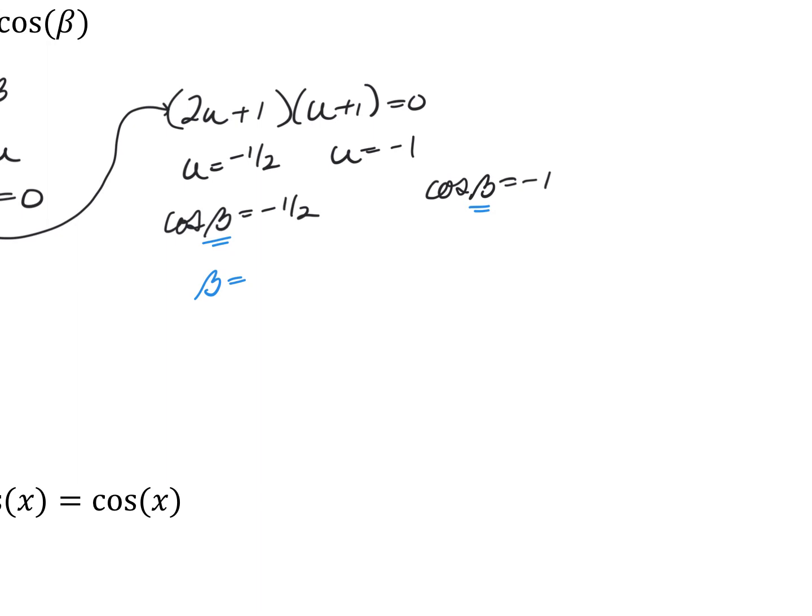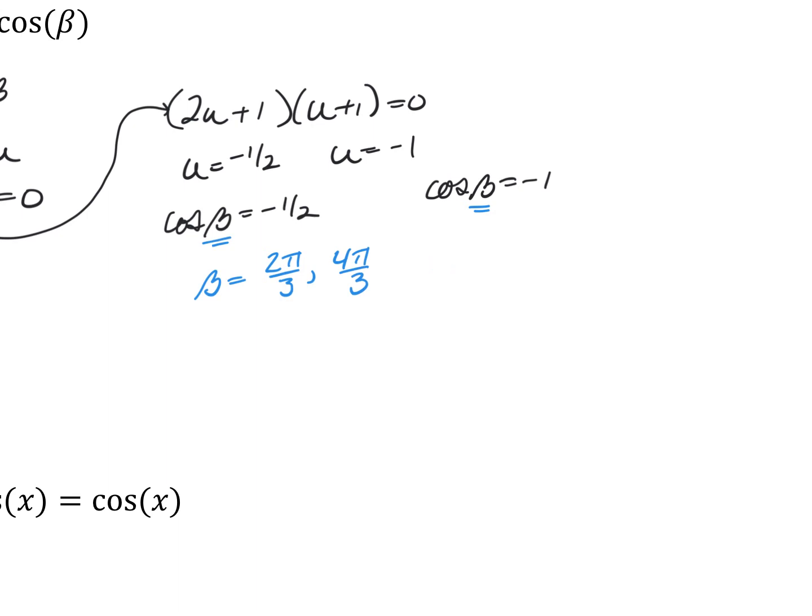That's in quadrant number 2 and quadrant number 3. So when I'm at 2 pi over 3 and when I'm at 4 pi over 3. Again, I can put the plus 2 pi k, right? I can always do the plus 2 pi k, but I know that since I have to stay in the interval between 0 and 2 pi, in this case, it really makes no difference to add that. It's not going to give me anything.